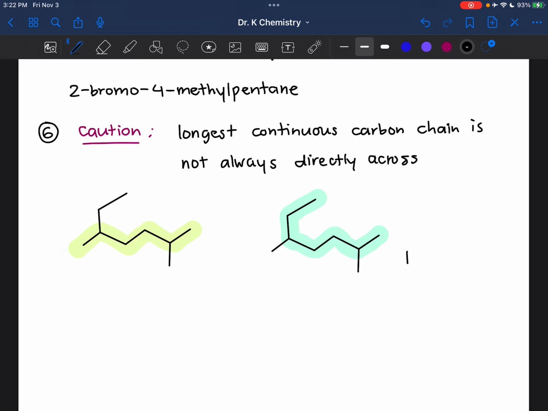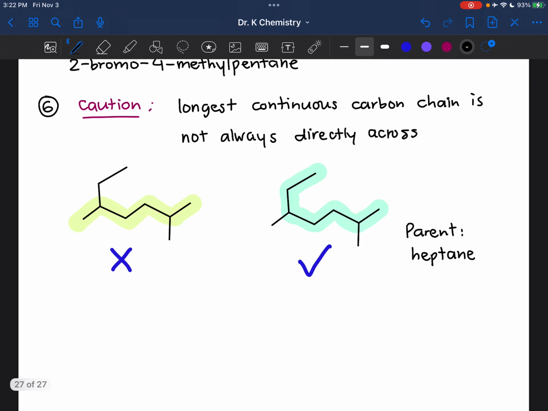And then the parent would be heptane. So I want the longest continuous carbon chain possible, which means in this scenario, I'm going to go with this version, not with the version on the left. So just watch out for that when you're naming molecules. Sometimes these bonds are rotated in strange ways, and there is a longer version that isn't just directly left to right.